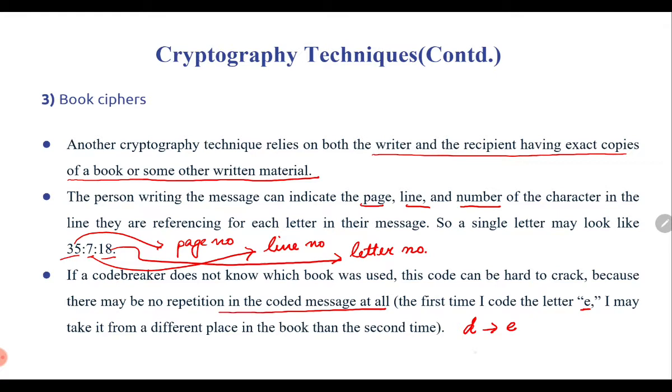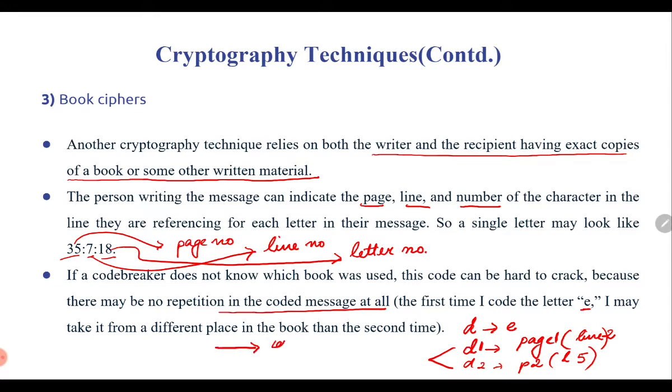Here, however, one D can be from a separate page and a separate line, whereas another D can be from page number 2 and maybe line number 5. So each representation for the same letter will be taken from different positions, and the decryption involves two steps.